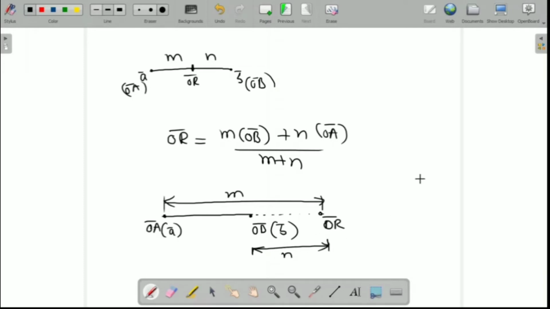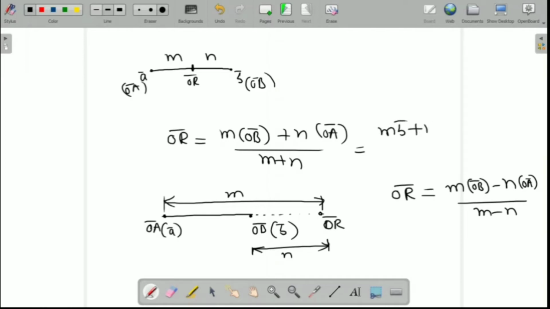So in the ratio m is to n, OR is equal to m into OB bar minus n into OA bar, divided by m minus n. We can also write it as m B bar plus n A bar by m plus n internally, and similarly OR bar is equal to m B bar minus n A bar by m minus n externally.